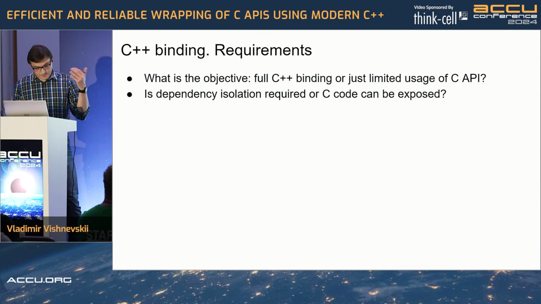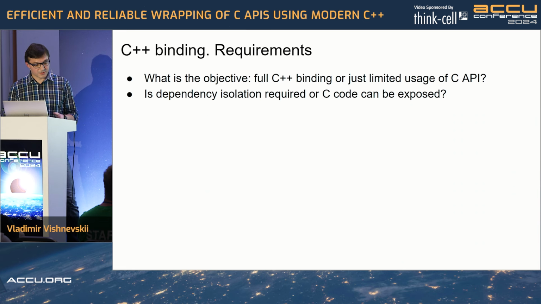But if we would like to introduce some layer, then we also need to understand what would be the final goal. If we really want to develop the full language binding, or we just want to use some subset of the functionality that we will wrap to achieve some safety, for example, but there will be no reuse planned.